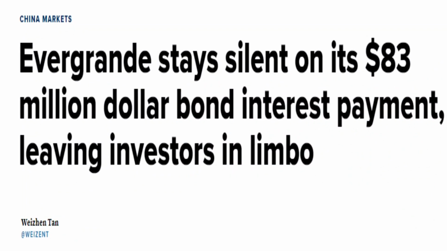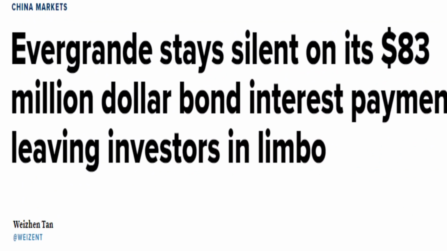The example of dwindling returns versus heightened risk with a rapidly rising Buffett indicator can be seen in the Chinese real estate market, when the country's second largest real estate developer, Evergrande, defaulted on its bond payment in late September 2021.